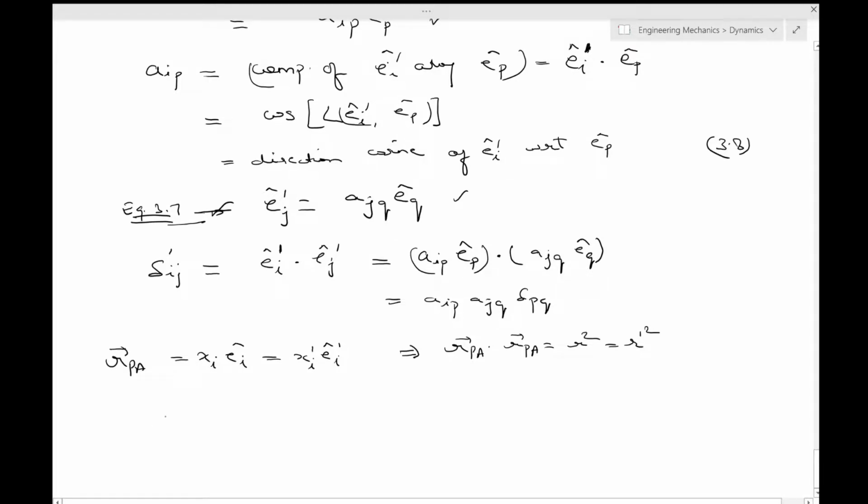Now x_i dash is equal to r_PA dot e_i dash is equal to x_p e_p dot e_i dash. I have just written x_i e_i as x_p e_p.